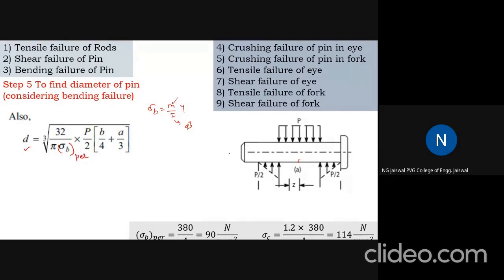Now, if you see the permissible stress values, we found out the permissible values for sigma T, sigma C and tau.